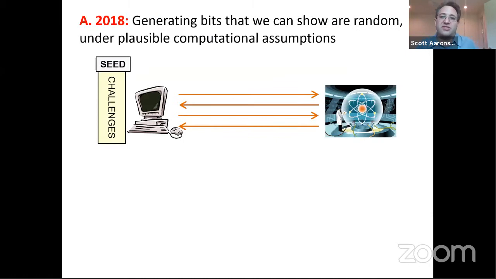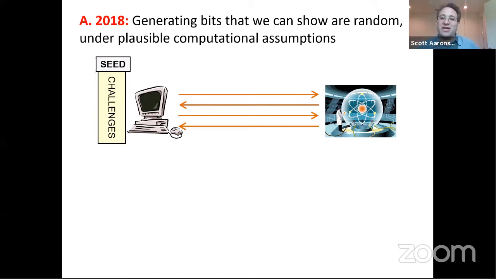Okay, so now this leads to a thought that I had a couple of years ago, which was that maybe there is something that you can use this type of sampling experiment for. It just generates a bunch of bits that are mostly random, and that sounds pretty useless unless random bits are actually what you want. And then maybe it could be useful.